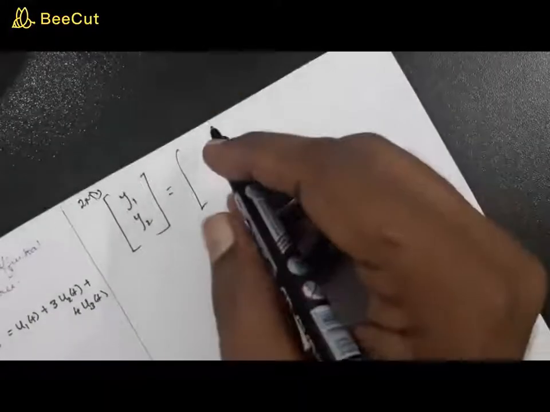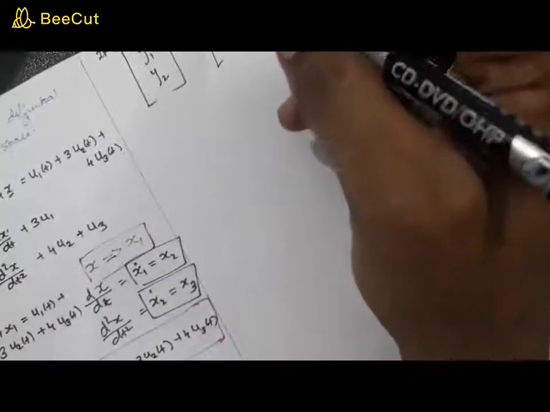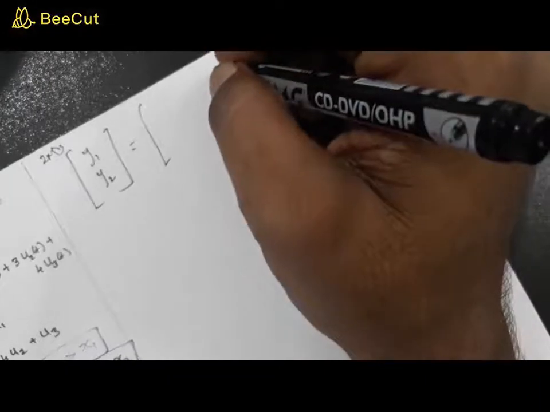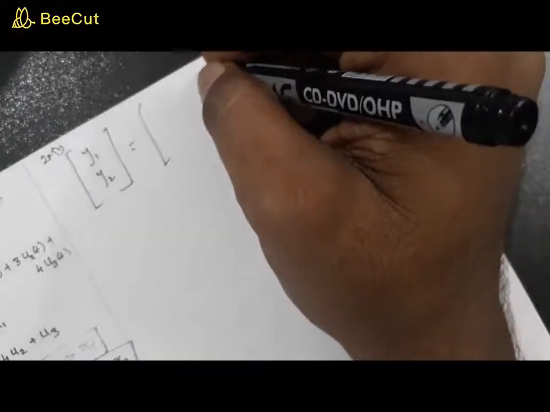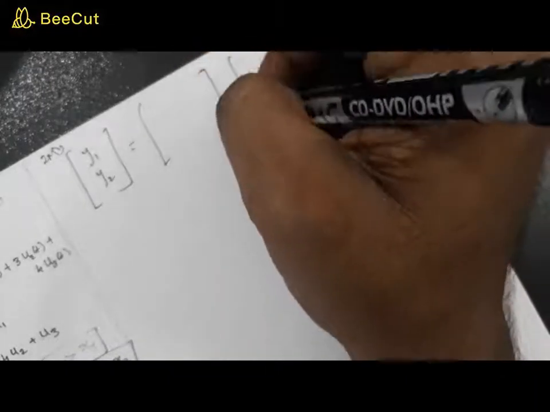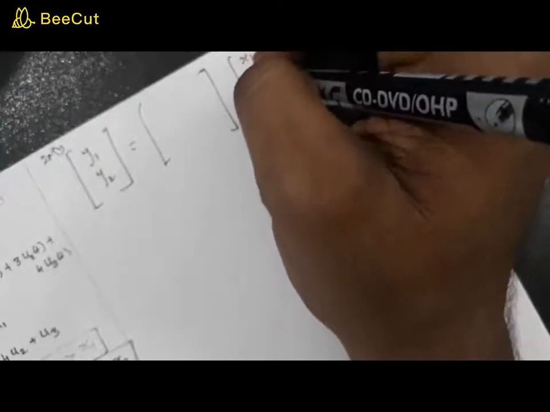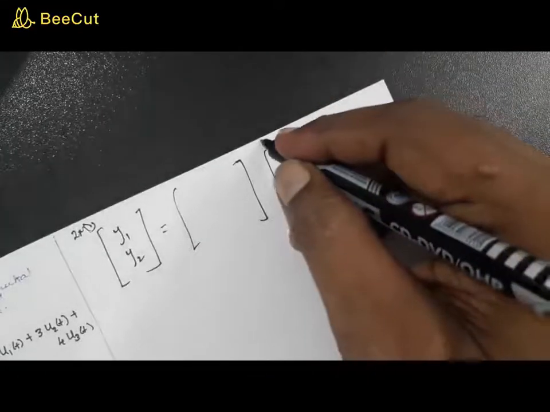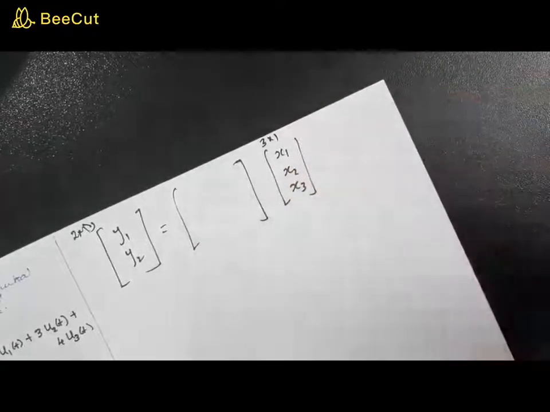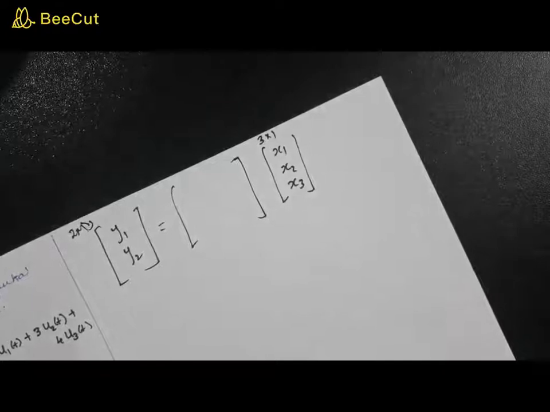Now filling out for this equation, the first part will be x1 x2 x3. Okay, so this is actually a 3 into 1 matrix, right?